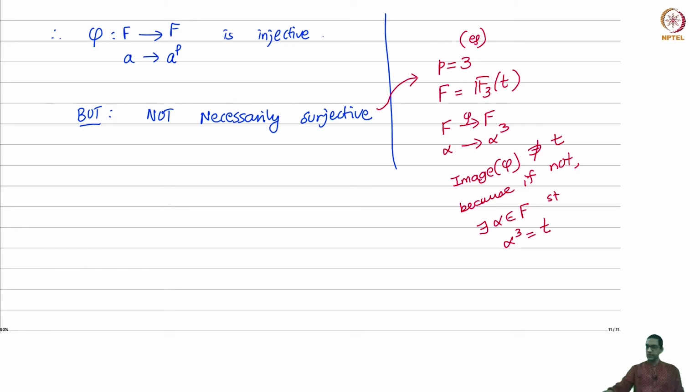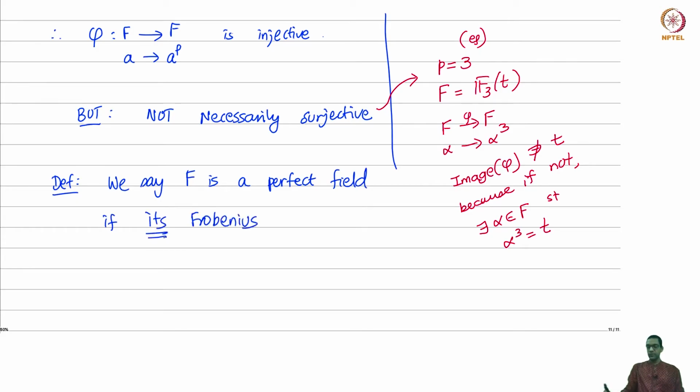Now here's the beauty of this whole thing. So let's make a little definition here. If the Frobenius map is surjective, we say that the field F is perfect. F is a perfect field if its Frobenius map is a surjection.